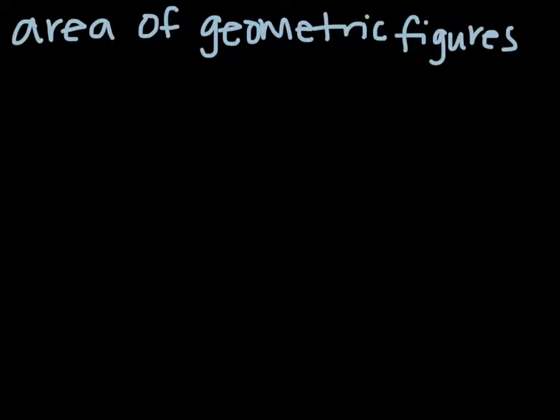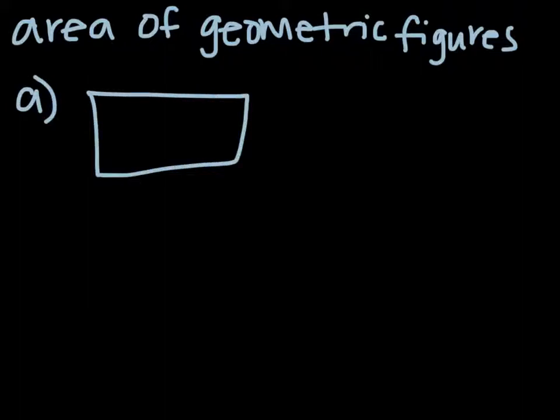And now we're at the final idea for this chapter, which is using the distributive property to find the area of geometric figures. So let's begin with an example of a rectangle that looks like this. It has a side length of 7 and another side length of 2x plus 5. Please excuse my strangely drawn rectangle.